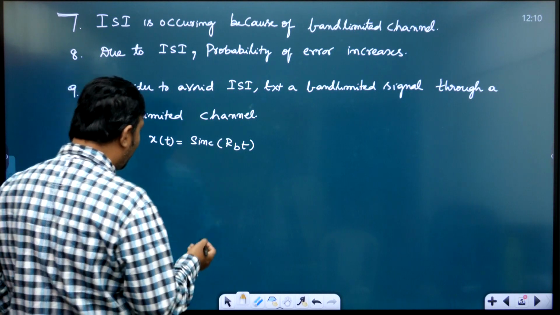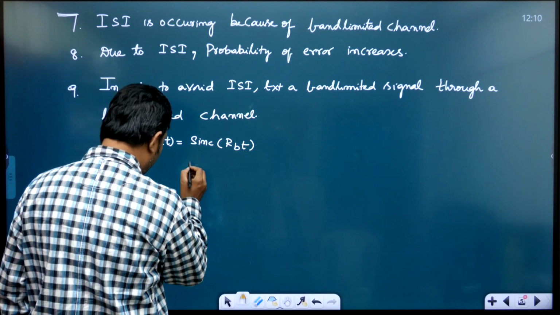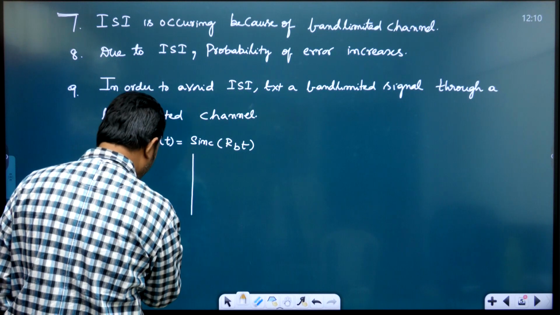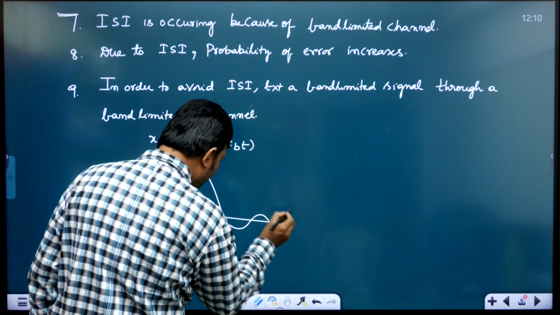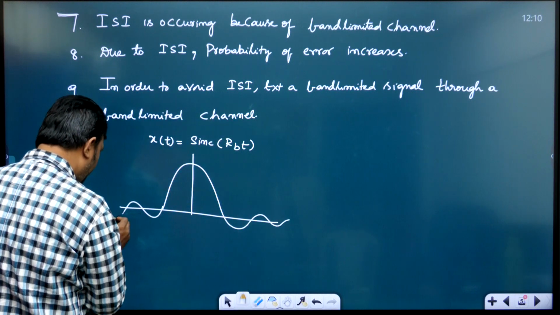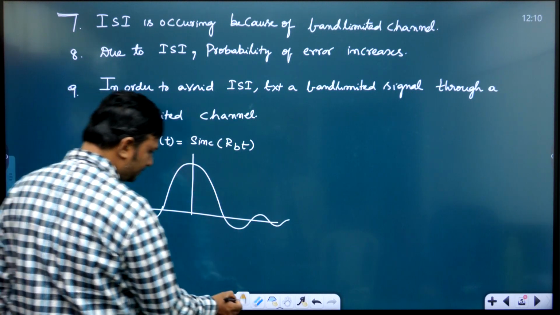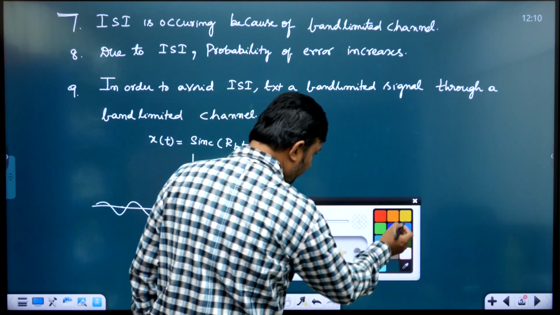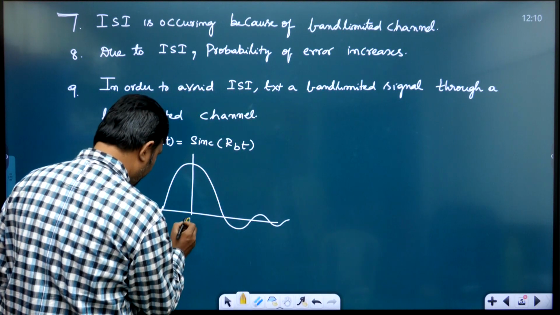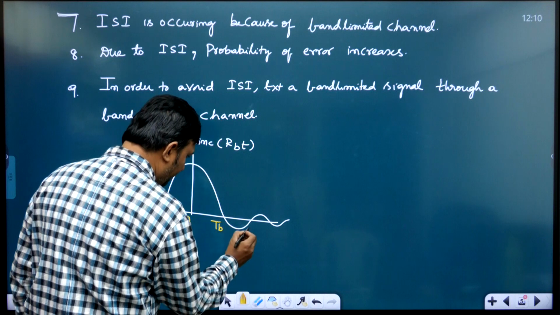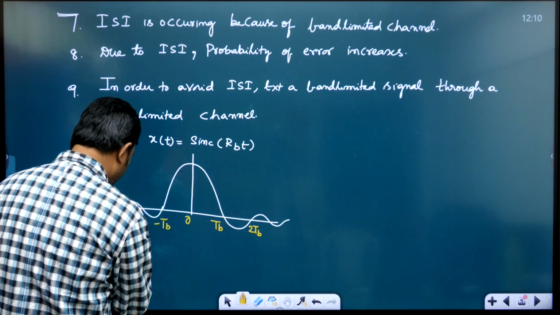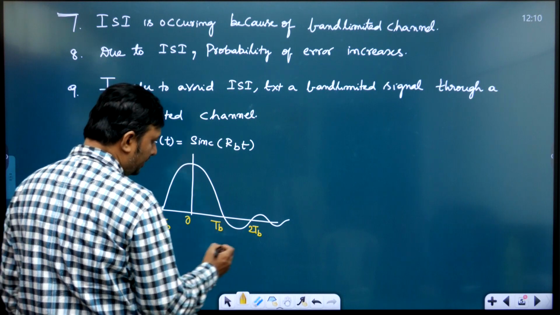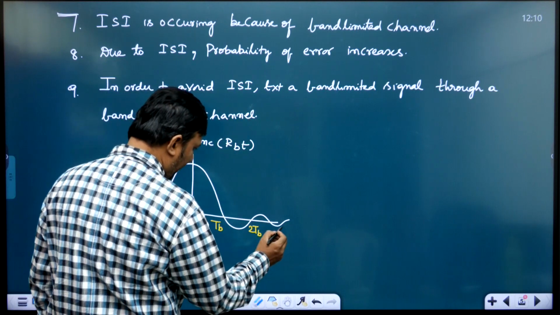Now sinc of RB into t in time domain will look like this. This is 0, this is TB, this is 2 TB, this is minus TB, minus 2 TB. Okay, so this is in time domain.